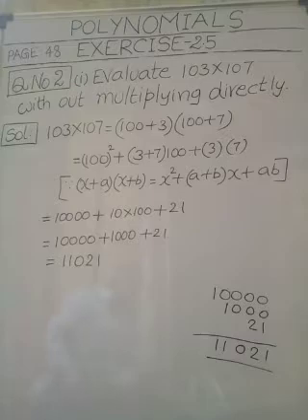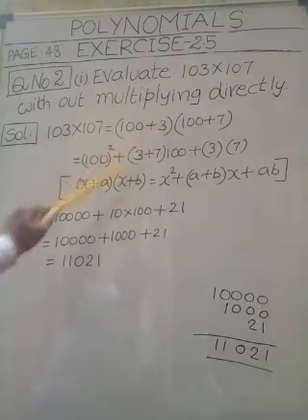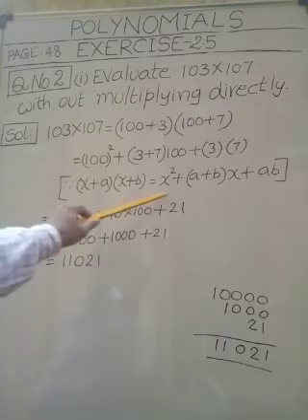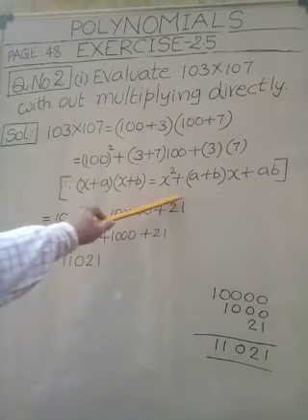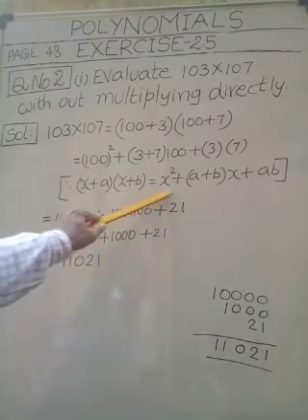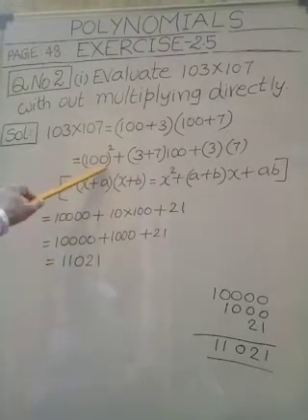By comparing this expression with the identity, we get x is equal to 100, a is equal to 3, and b is equal to 7. So in this identity, we substitute these three values. What is the first term? x square. What is x here? 100.